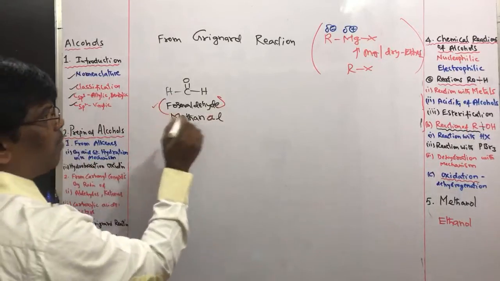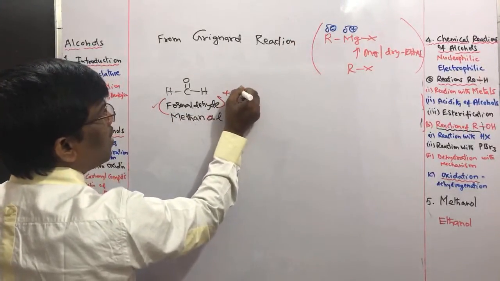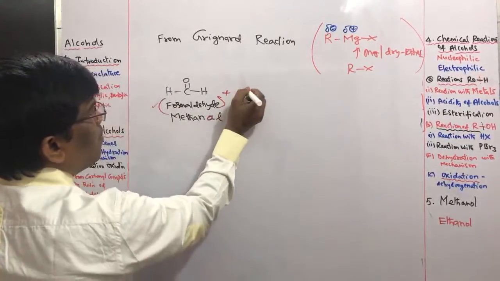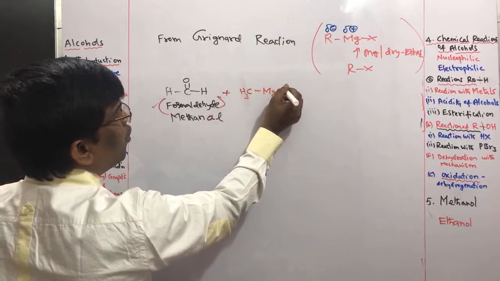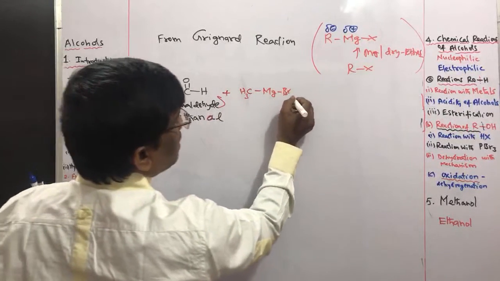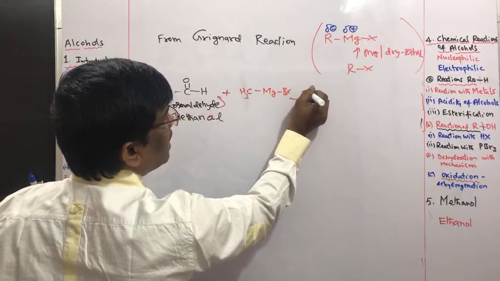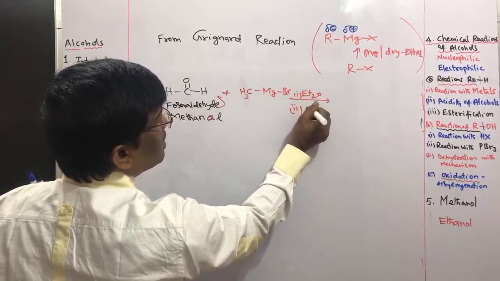Formaldehyde upon reaction with RMgX, let me take methyl magnesium bromide in diethyl ether, followed by hydrolysis.